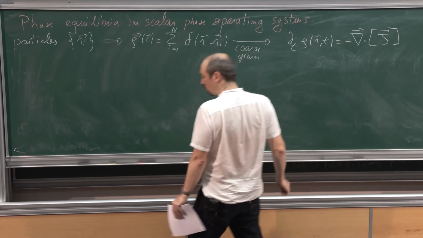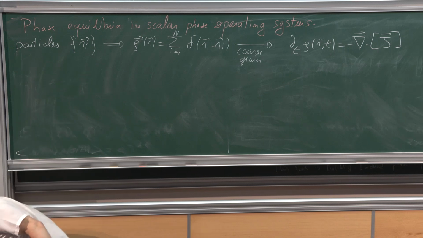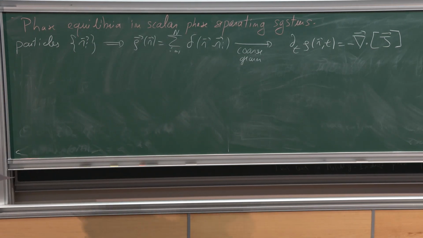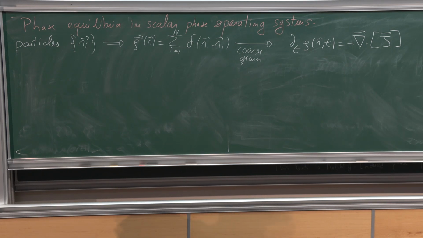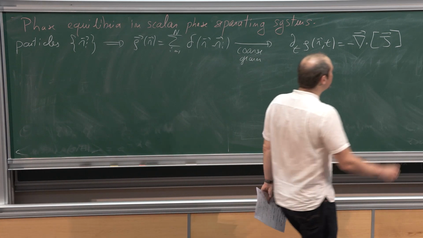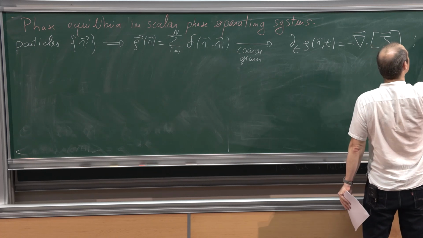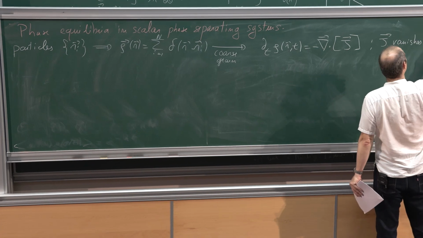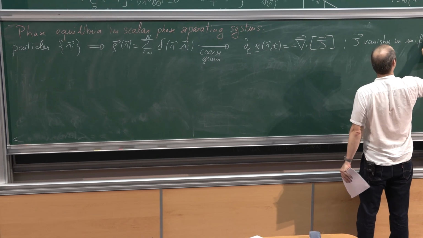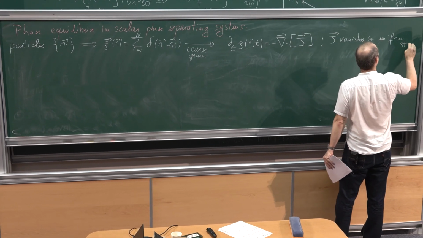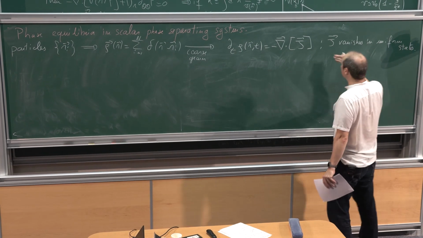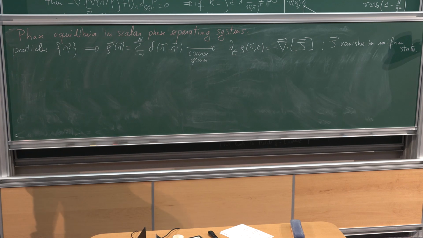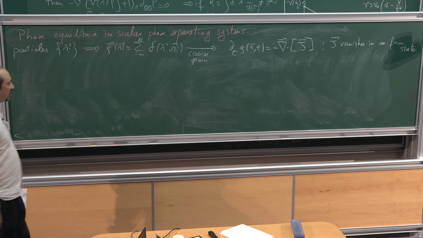And what we know is that for this current in this phase separated system, because the system is isotropic and there is no way of spontaneously breaking a symmetry, J vanishes in uniform states. What this means is that J, which has to be expressed as a functional of rho, has to have gradients inside it.